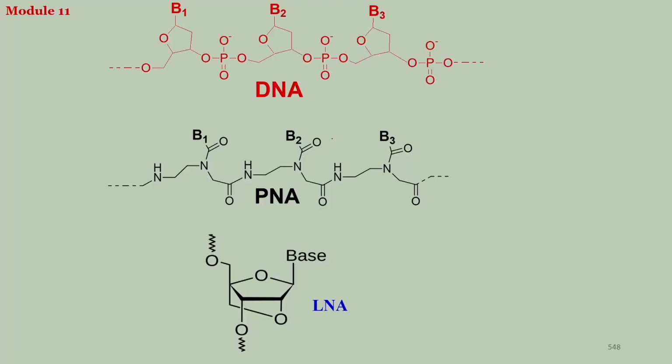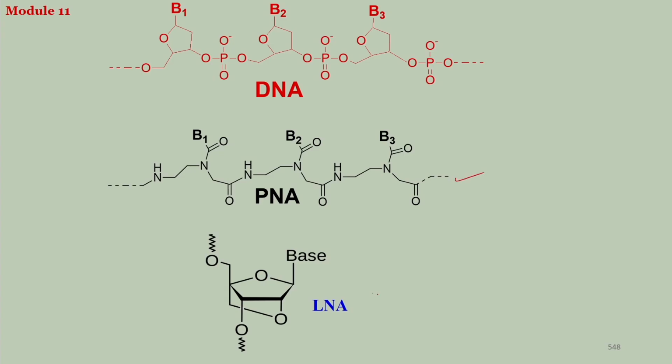They are different from DNA and they can be used to study biological activities or biological interactions, as well as to find out the presence of mutations in DNA. So, we have described the structure of DNA, how the PNA and how the LNA are different, what are their structural features, what are their advantages, what are their disadvantages.